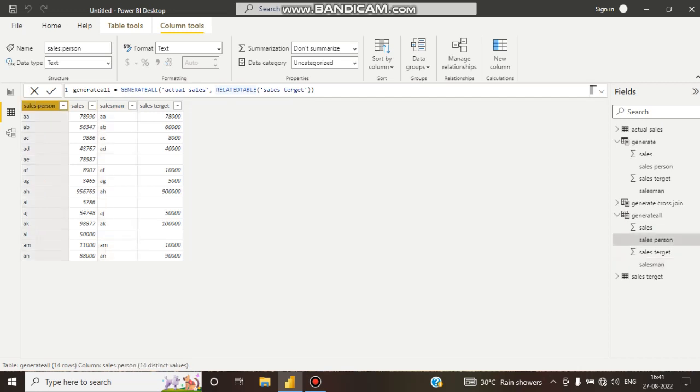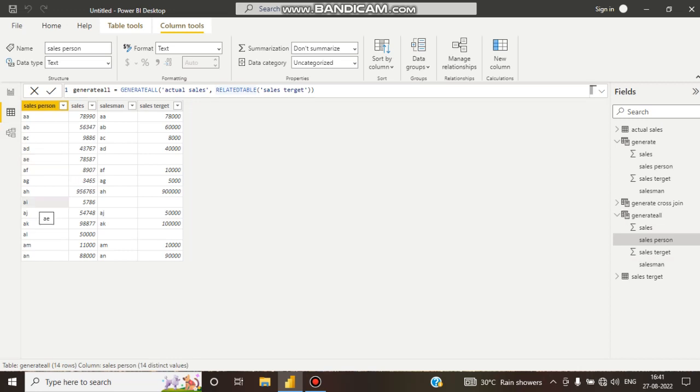I said that in the Sales Target table all the salespersons were not available. Here you can see AE was not available, but it is coming from the left table.